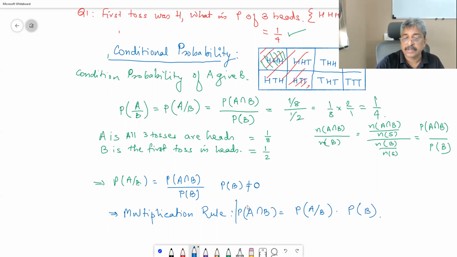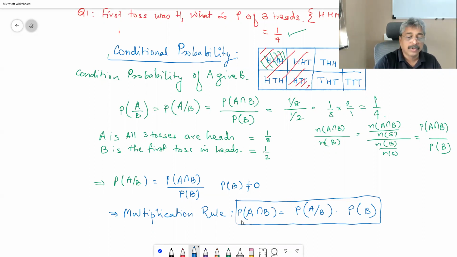This is yet another important result that you have. Probability of A intersection B is probability of A given B into probability of B. Let us take one example and try to understand this in a better way. Example.